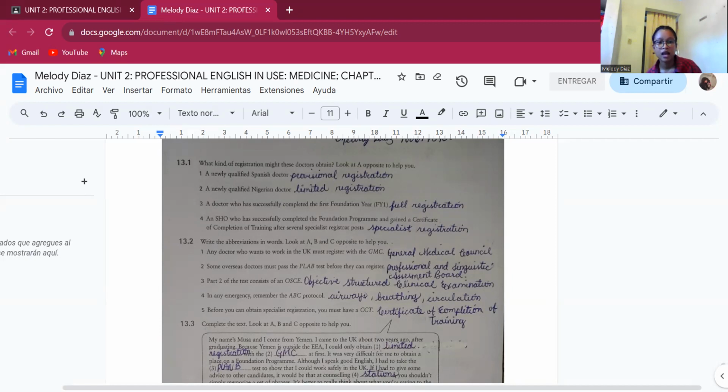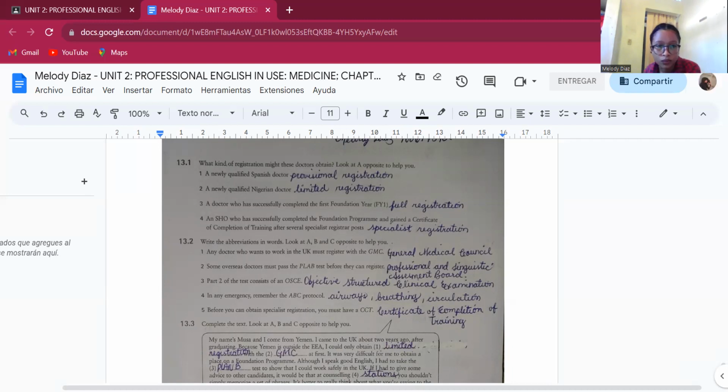An SHO who has successfully completed the foundation program and gained a certificate of completion of training after several years: specialist register, post specialist registration.